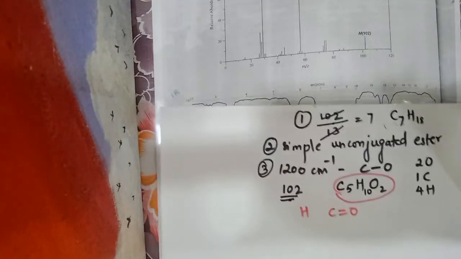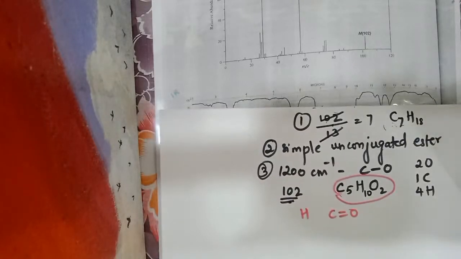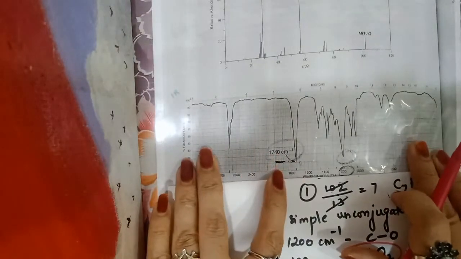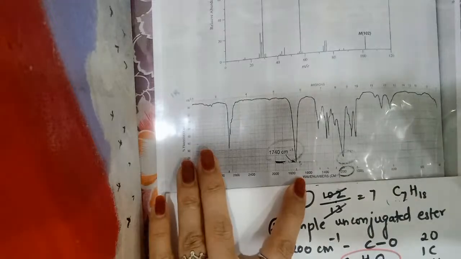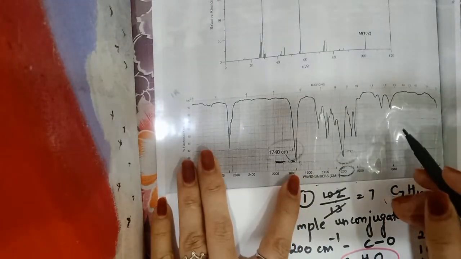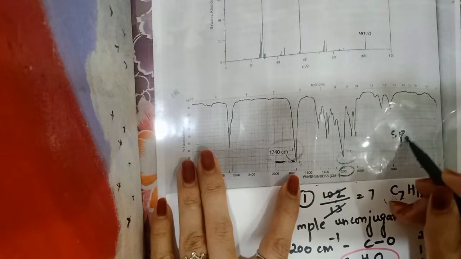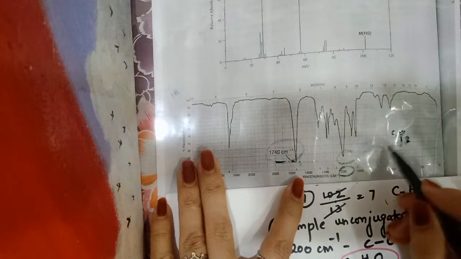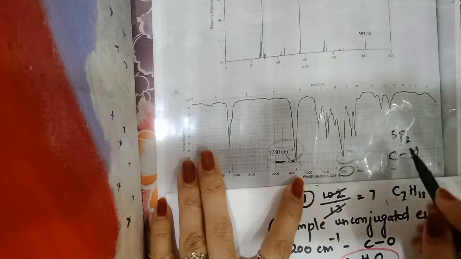Now let us see the infrared spectrum. The infrared spectrum shows sp3, that is sp3 carbon hydrogen absorption.